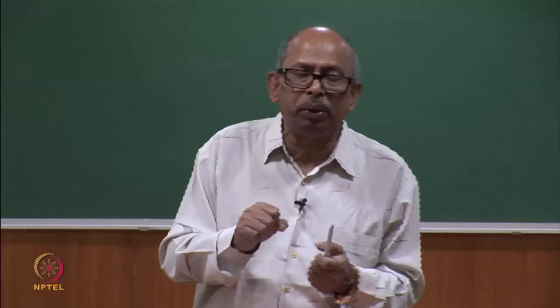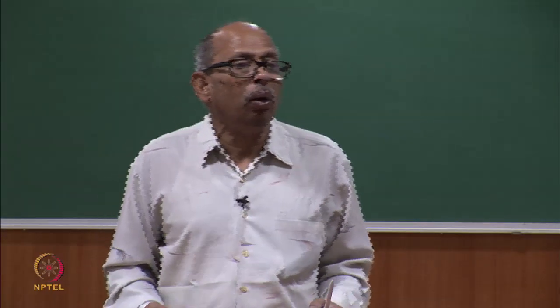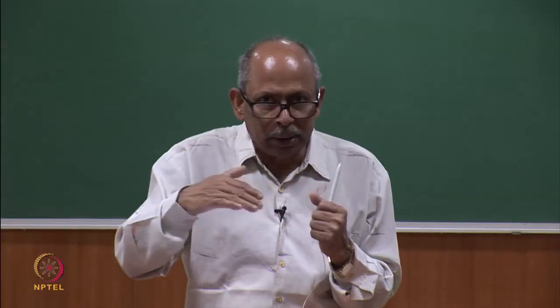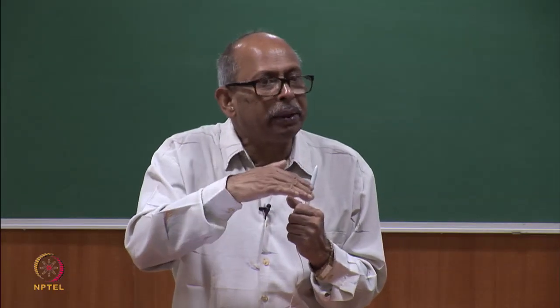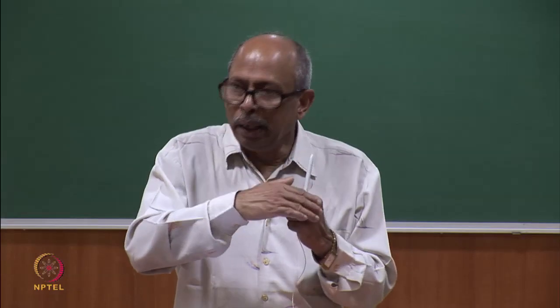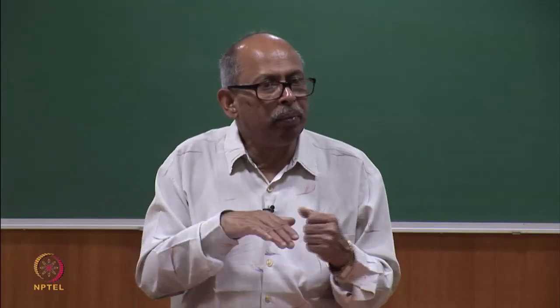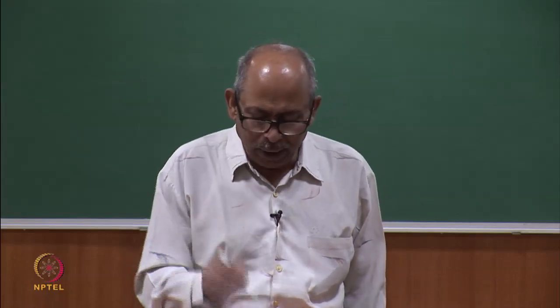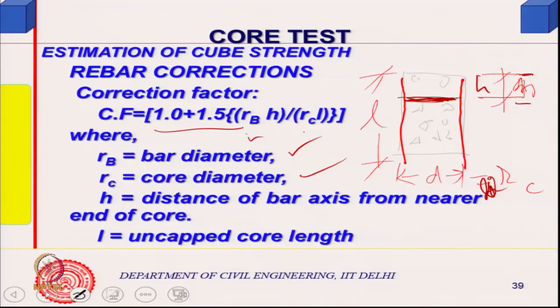What happens when you have a reinforcement? It will fail at a lower load, because that interface comes into play, and reinforcement is usually perpendicular to the direction of loading. It will split, the fracture would occur, and it reduces the measured strength. So, you have a multiplying factor which is more than 1. If you have several reinforcements, this will simply be summed up, 1.5 sigma.